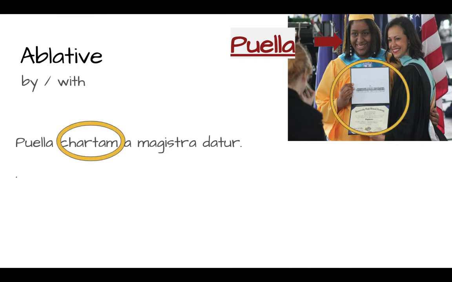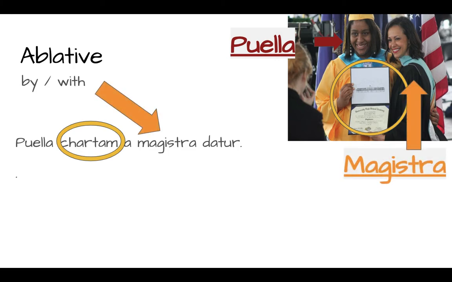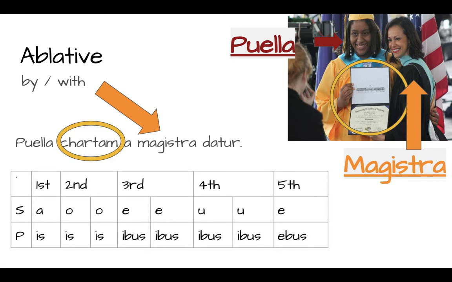So the verb is still being performed on the accusative in a way. So the girl is being given a paper, cartam, accusativus, and it's being done a magistra, by the teacher. So magistra is in the ablative case.